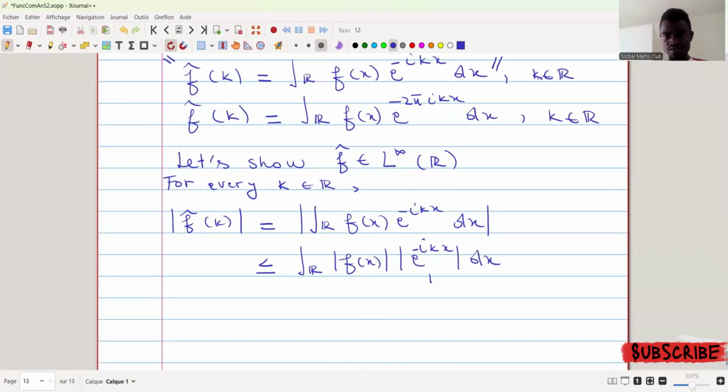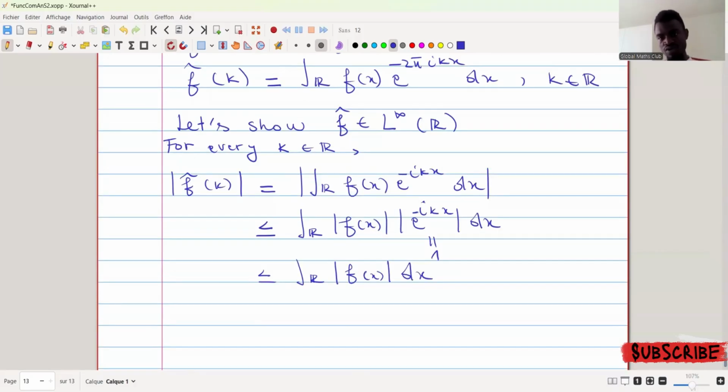You know that the modulus of the exponential is 1. So we just remain with this, and this is the L1 norm, as you know. This one is just the L1 norm.